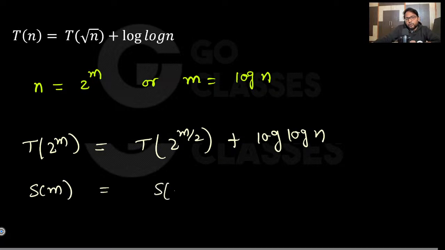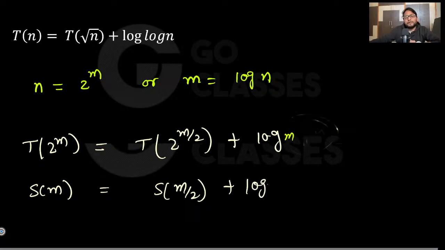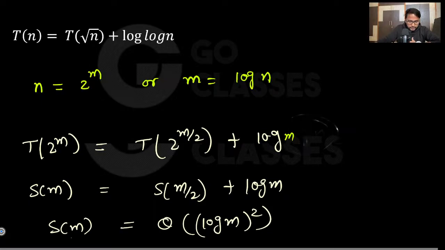This is S of m by 2 plus, since this is log n, I can put it as m, because everything is in m, plus log m. Now can you apply the Master's theorem? The log base b term will be 0, so this is just log m. Using the Master's theorem, you can easily figure out this is log m into log m, log m square.